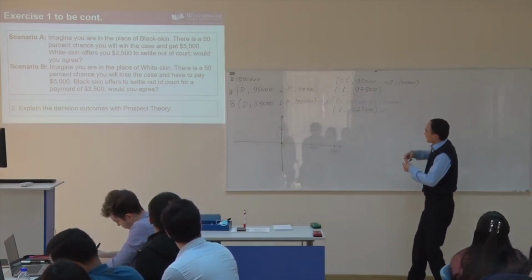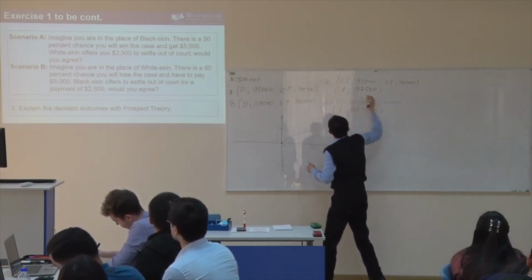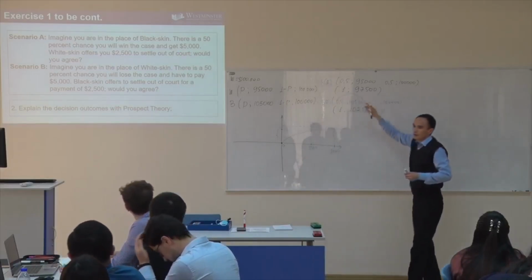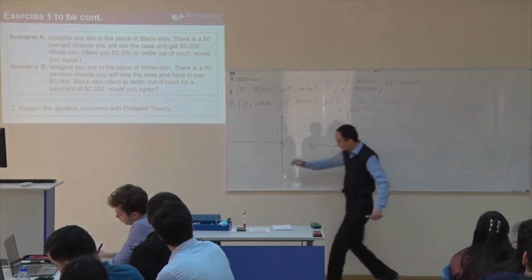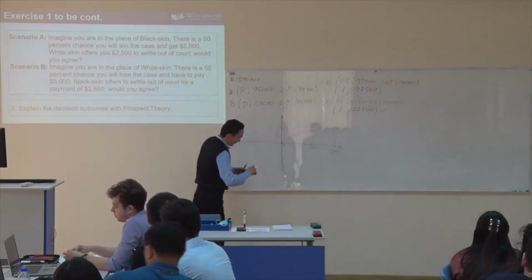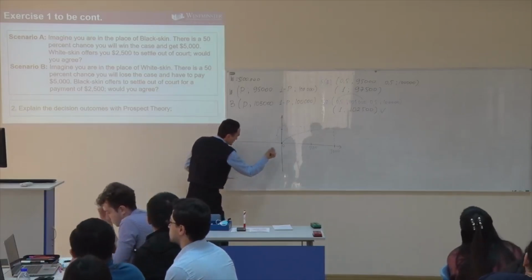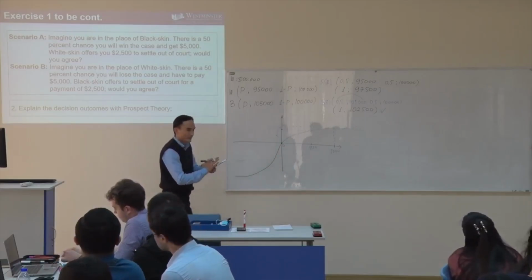So now because this is B, is he on the positive side or negative side? Now he is on this side, okay? So according to the findings of Kahneman and Tversky, this curve is convex. Okay?